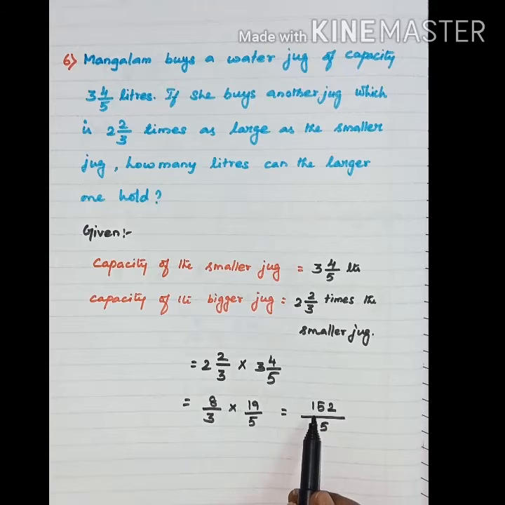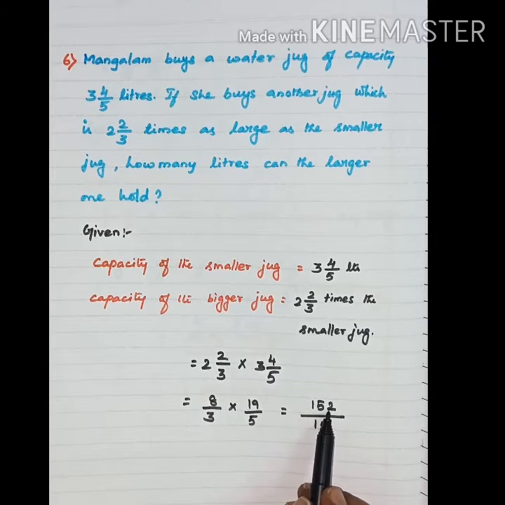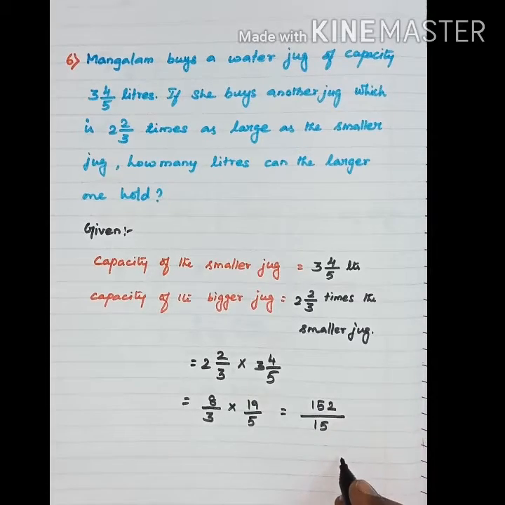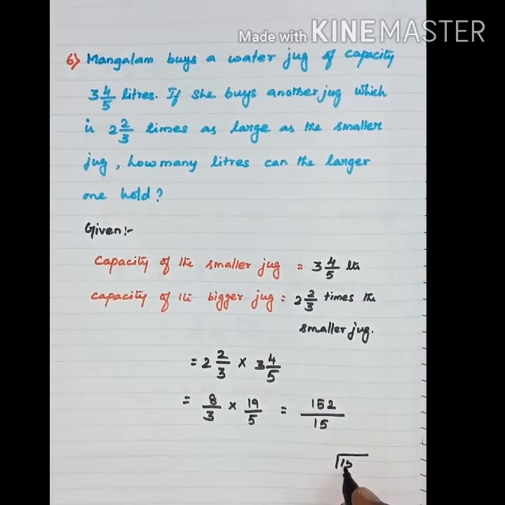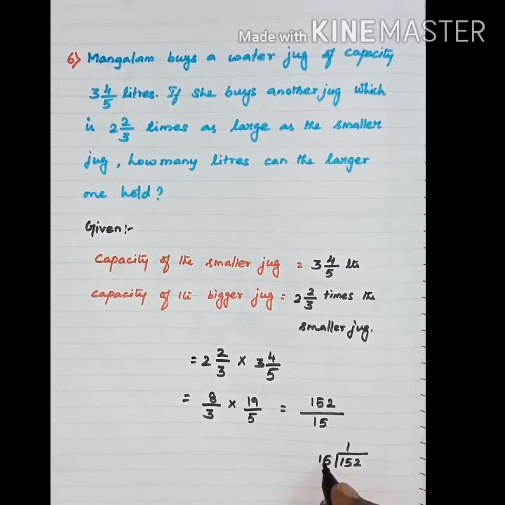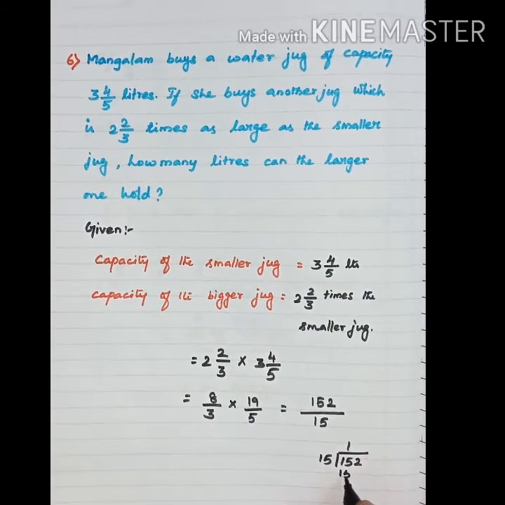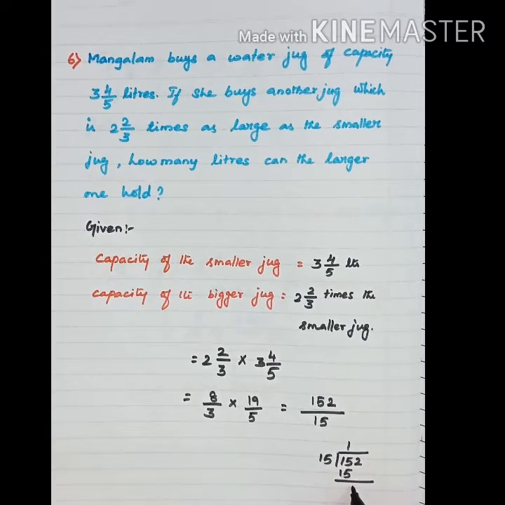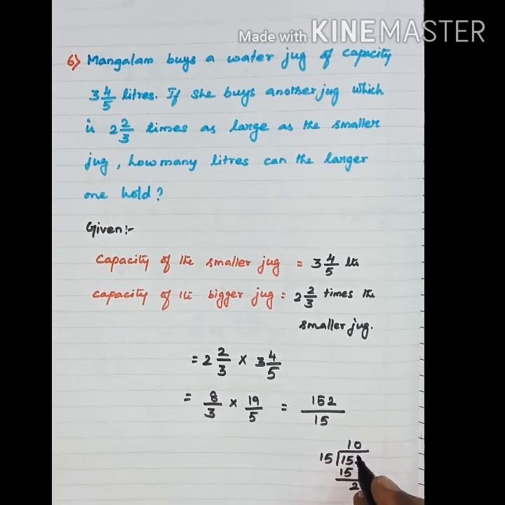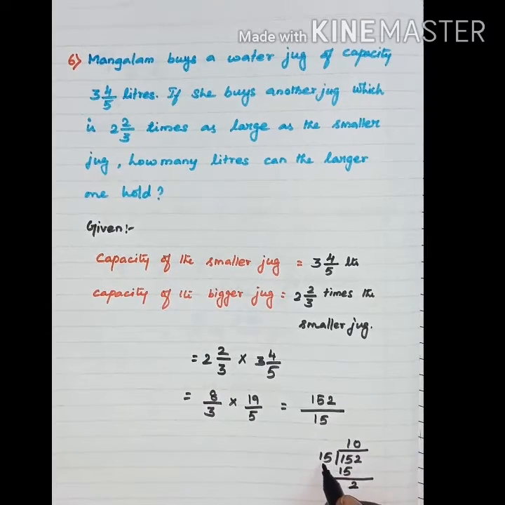Now we have to divide 152 by 15. 1 15s are 15. 2 is a remainder. So it won't be divisible by 15.